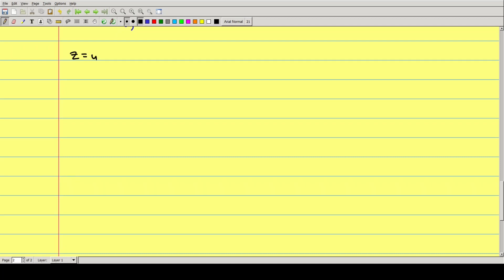Look at a different type of surface. We have z equals y squared minus x squared.